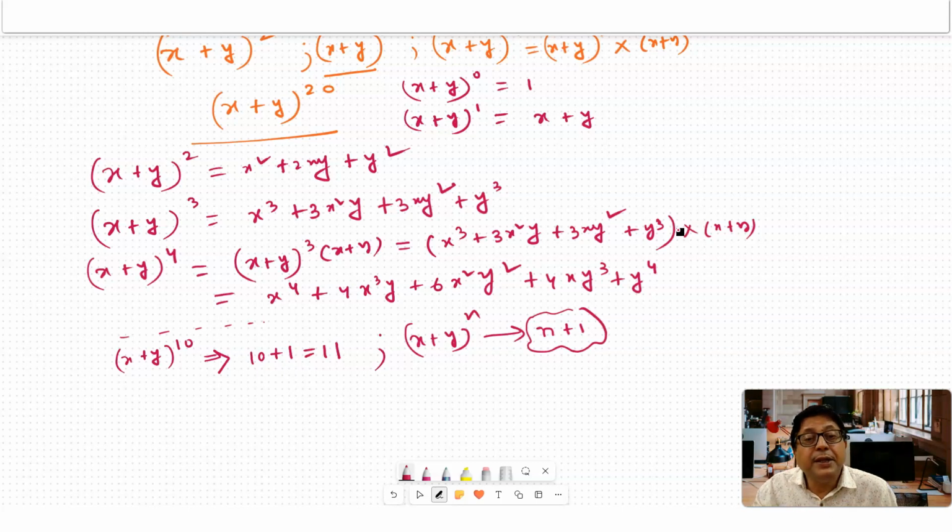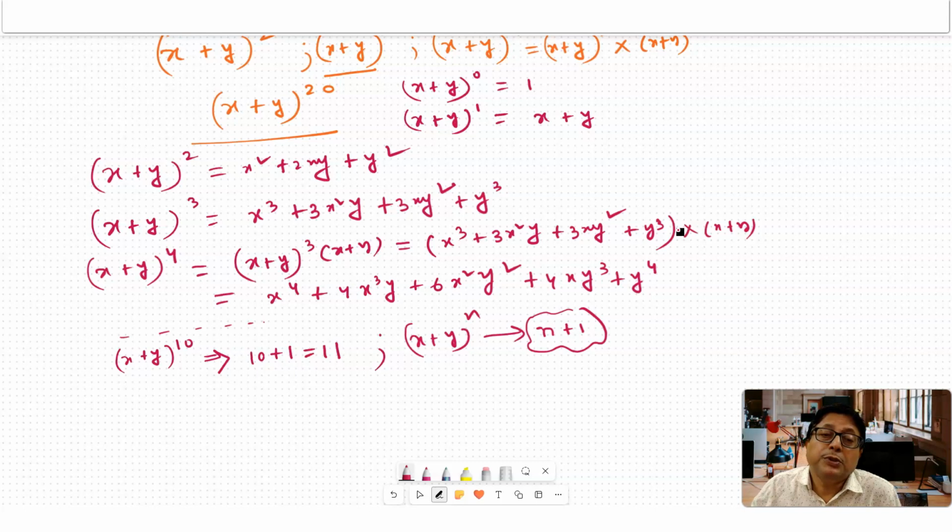Another thing, in any one of the expansions, you can see that the powers of x gradually reducing and powers of y gradually increasing. You start with this one. Here the power of x is 4. This is 3 plus 1, 4. 2 plus 2, 4. 4, 4. But x is gradually decreasing. y from 0 here, it is increasing gradually to the highest integral index.